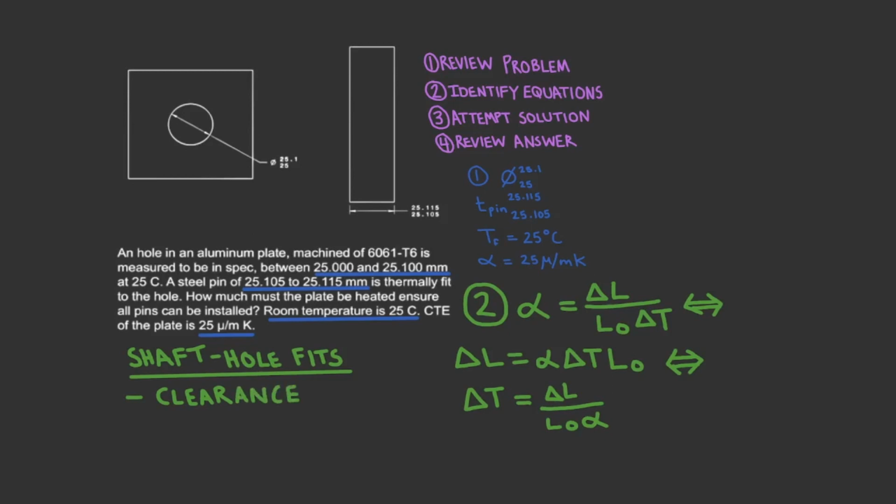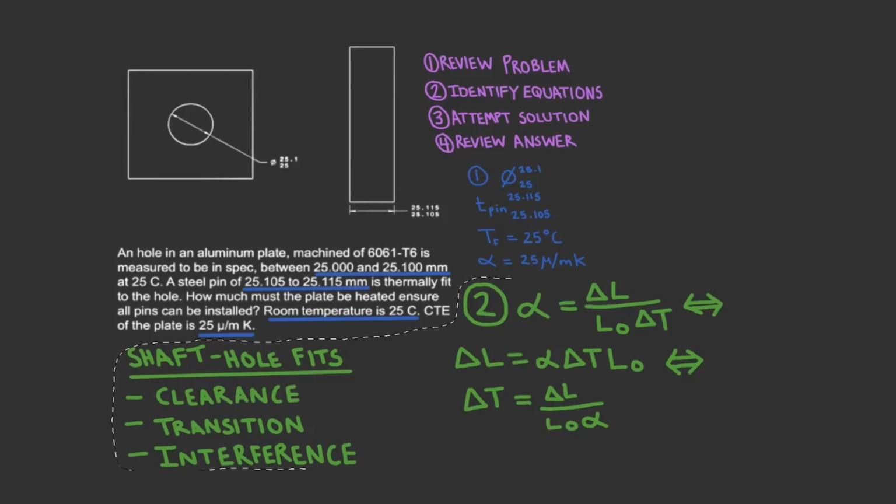The second possible fit is a transition fit, meaning the dimensions of the pin joining the hole may or may not interfere with the hole. And lastly, there are interference fits. This means that all possible hole dimensions are smaller than the possible pin dimensions. For these types of fits, methods such as applying force or using thermal expansion are used to help fit the pin or shaft in the hole.